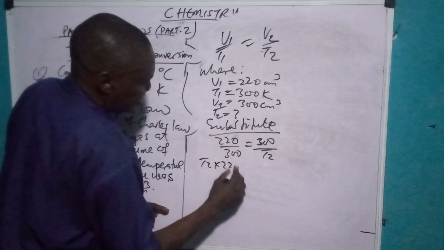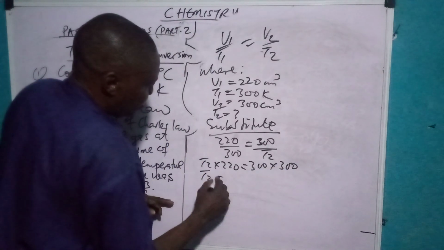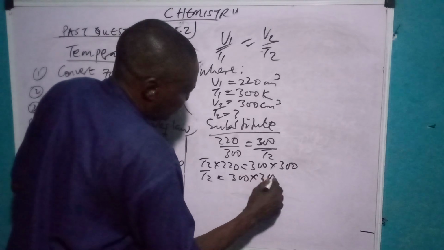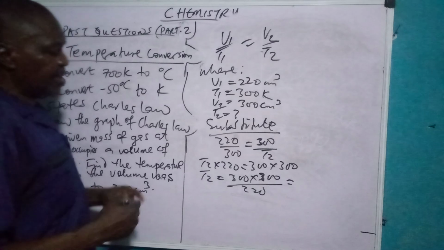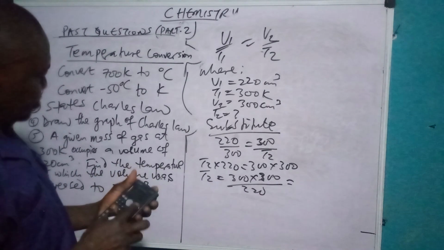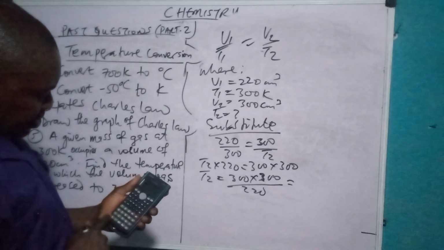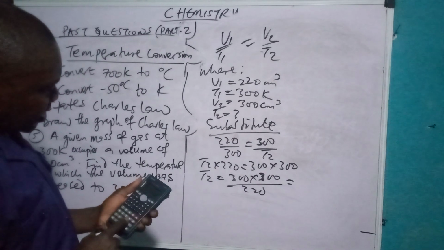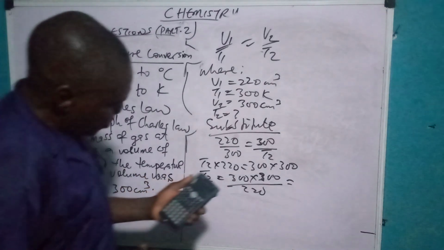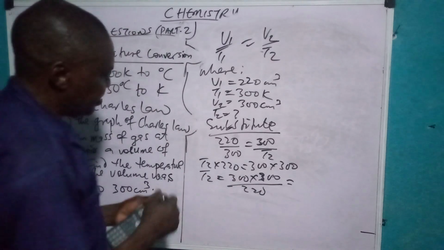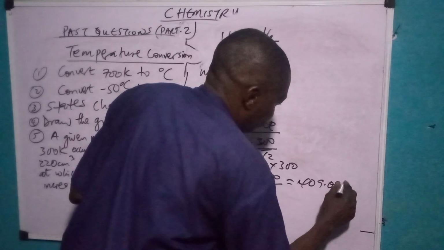T2 times 220 equals 300 times 300, which is T2 equals 300 times 300 over 220, which gives 409.09 Kelvin.